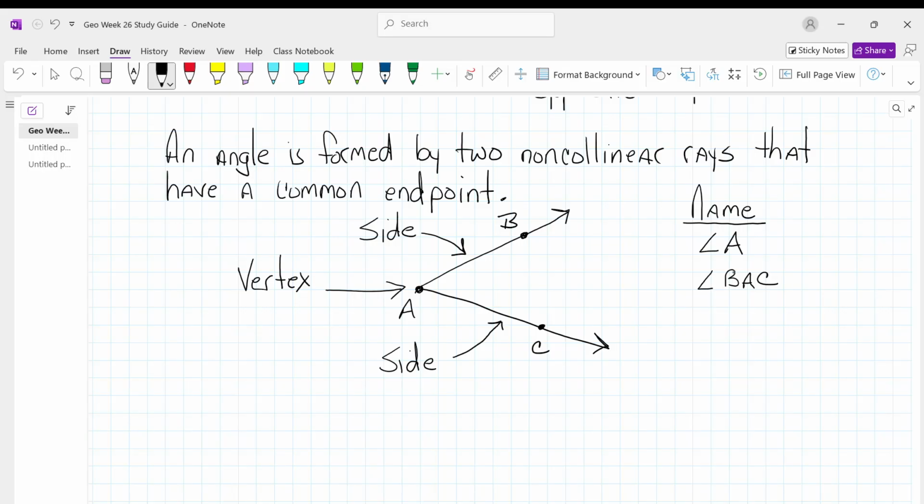When you're using three points to name an angle, the vertex has to be the middle letter in the description. And then we could also call this angle CAB.